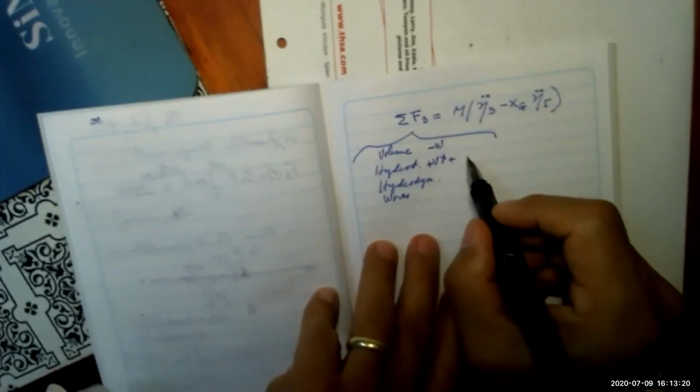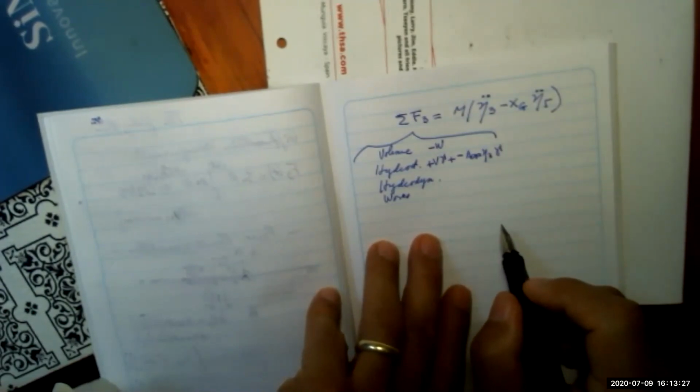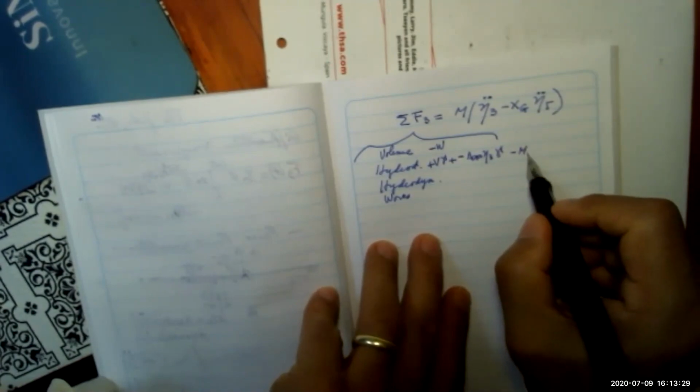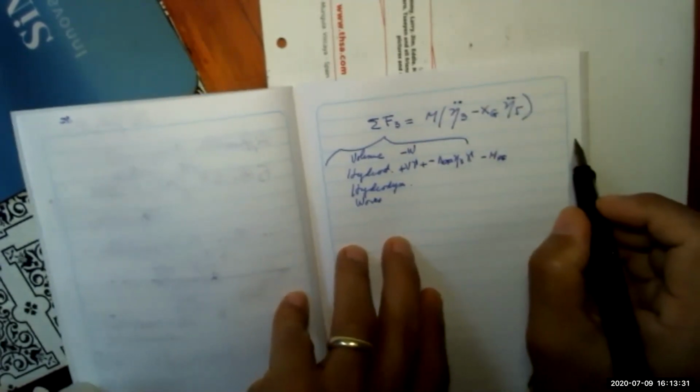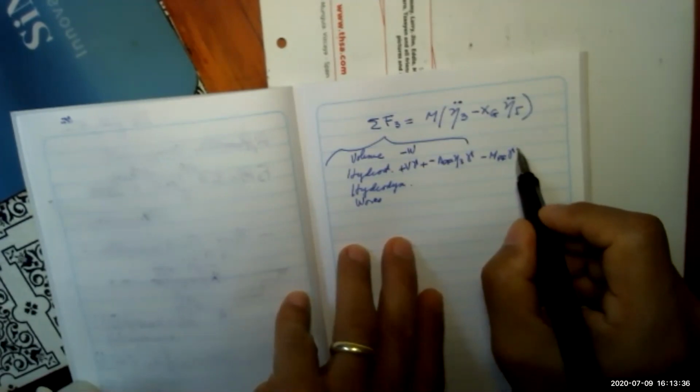Hydrostatic is equal to plus V gamma, minus A_WP eta 3 gamma, minus the moment of the waterplane area times gamma times eta 5.